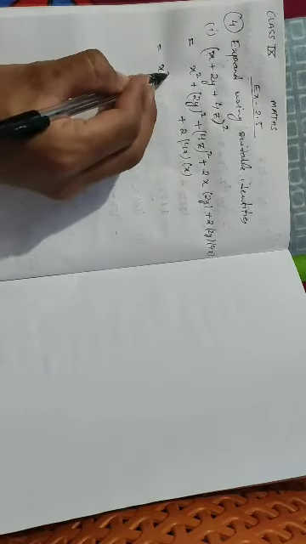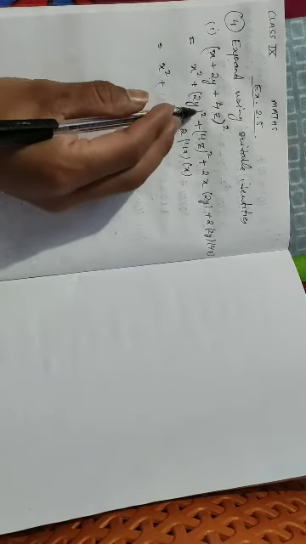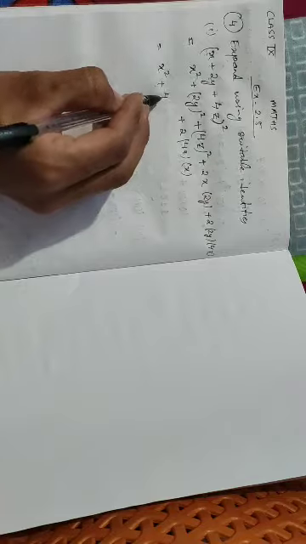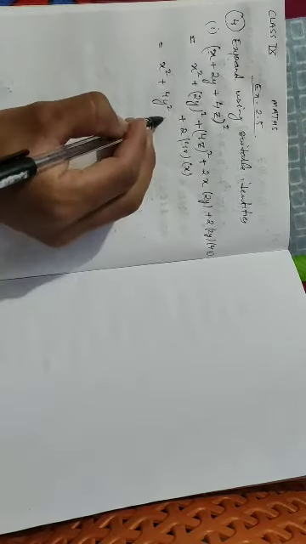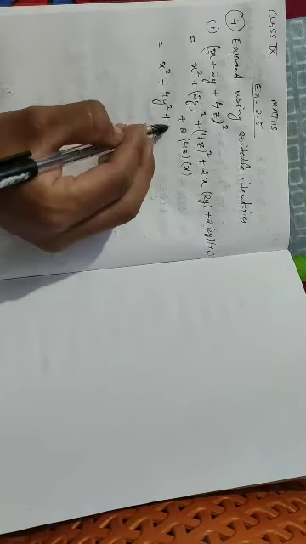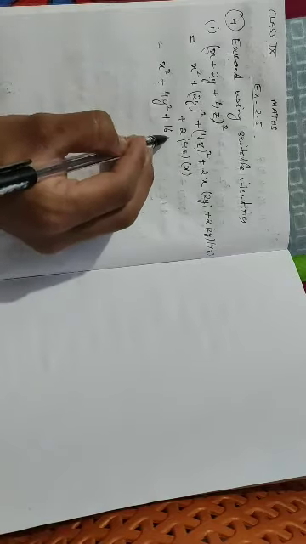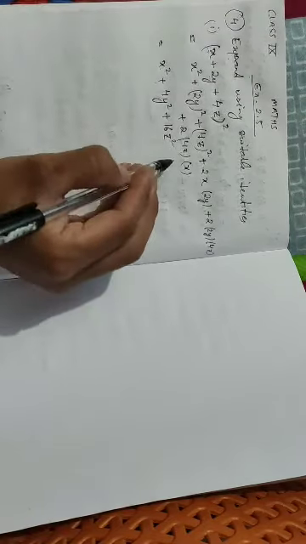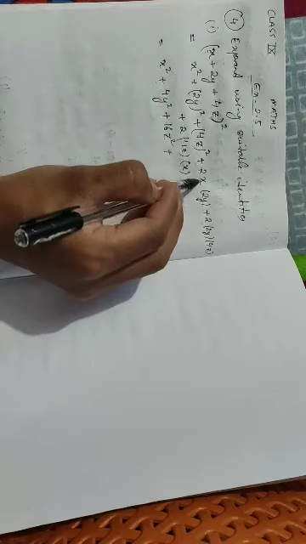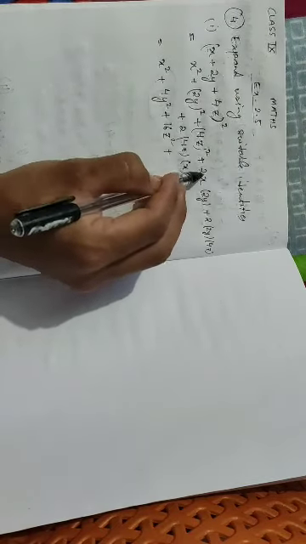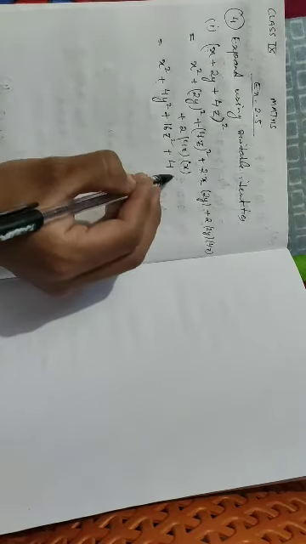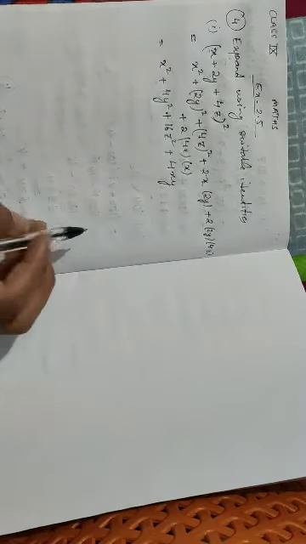Because (a + b + c) whole square is a square plus b square plus c square plus 2ab plus 2bc plus 2ca. So it is x square, plus 2 square is 4y square, plus 4 square is 16z square. Now I am opening the bracket. 2 into x into 2y is 4xy.